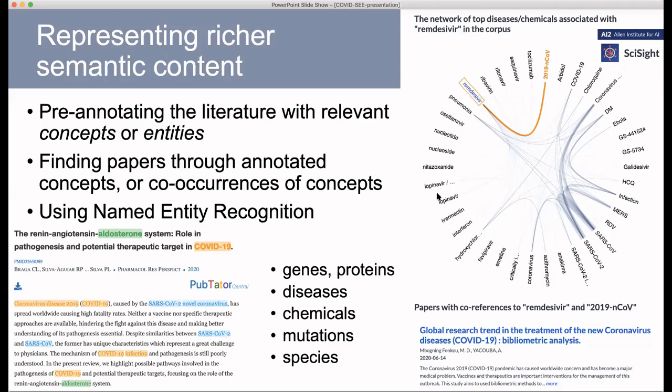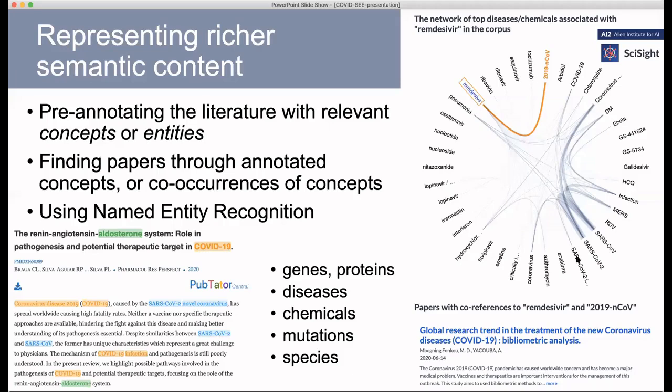And at the Allen Institute for AI, they started thinking about new ways to visualize the co-occurrences of these concepts. And so here's an example of where there's a connection between remdesivir and 2019 nCoV. That then is used to filter a set of results in the COVID-19 data set, limiting the results to the papers that have that particular connection.